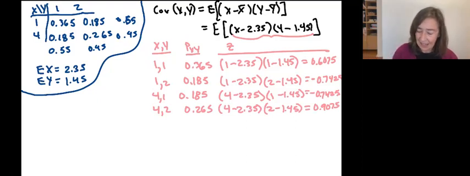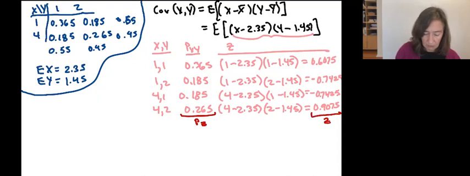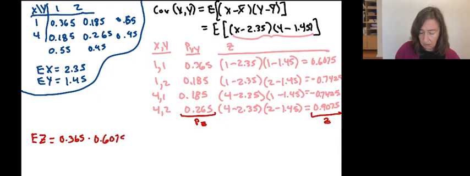So let's calculate the expected value of Z right here, using these, because these probabilities are the probabilities of Z, and these are the values of Z. And so the expected value here: with probability 0.365, Z takes the value 0.6075.